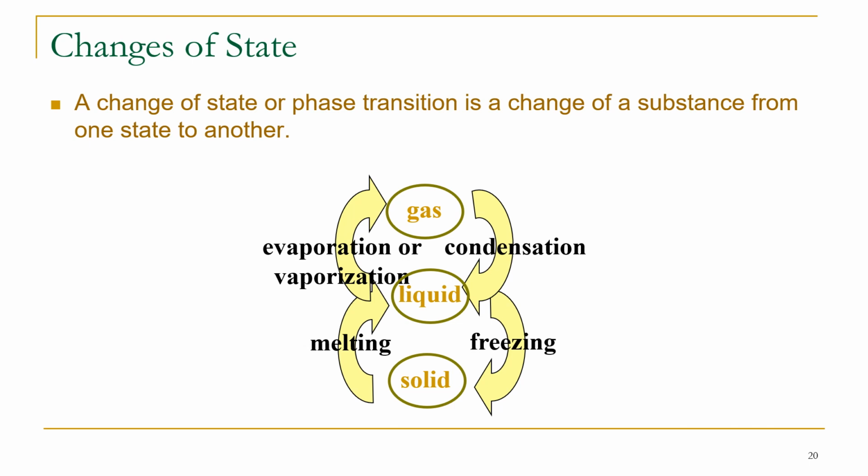And then these you may not have learned in kindergarten, but you may have learned them somewhere along the line. What if you go from a solid to a gas? If you take a solid and it goes straight to the gas, that's called sublimation. So you bypass the liquid state, you sublimate.